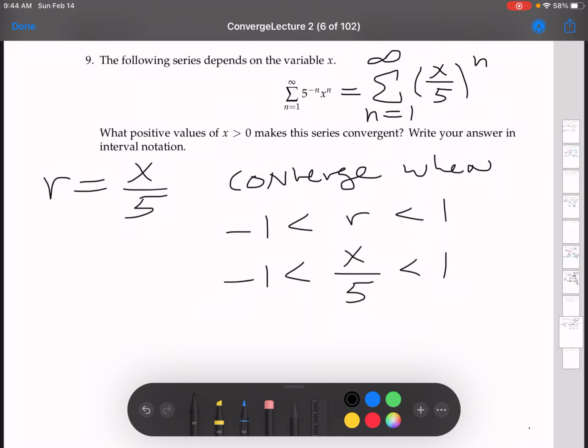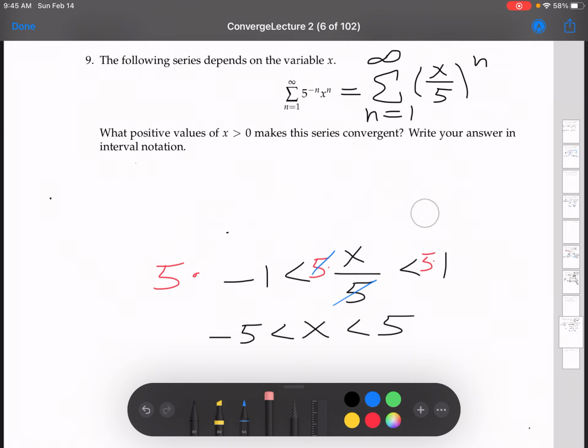I'll multiply both sides by 5, remembering that we only have to flip the sign when we multiply or divide by a negative number. 5 is not negative, so multiplying everything by 5, those would cancel there, and we'd be left with -5 is less than x, which is less than 5.